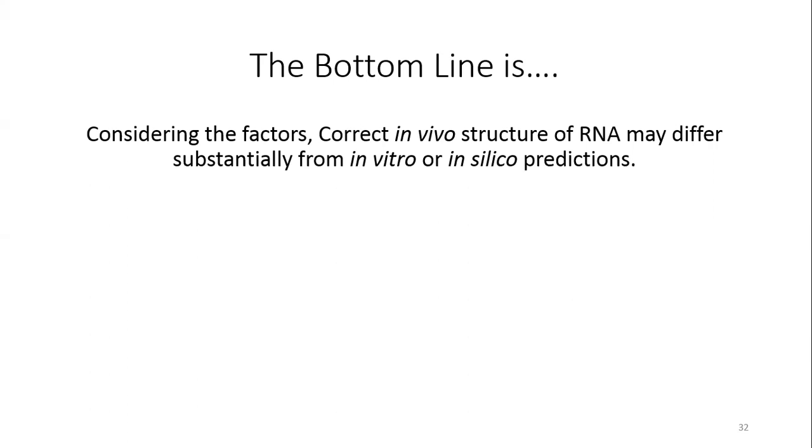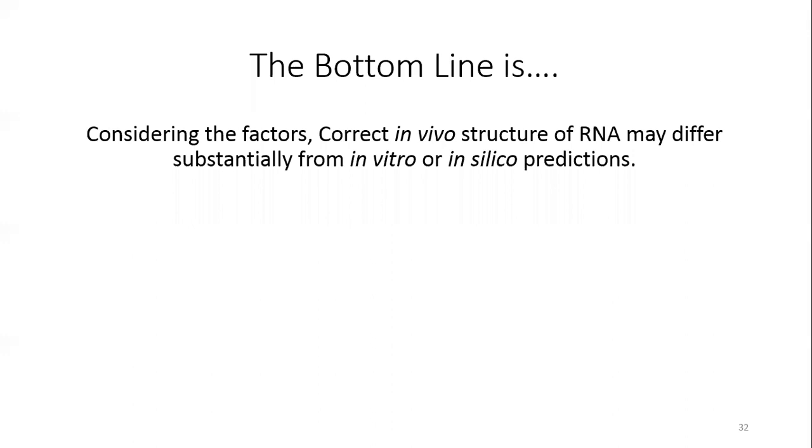And then we concluded that the structure that is produced in in vitro conditions, or the structure that might be predicted using several structure prediction programs for RNA, might not reflect the reality in cellular conditions, or in vivo conditions.